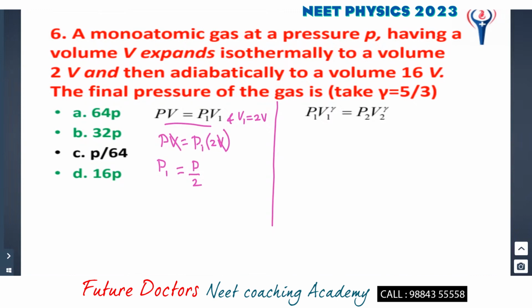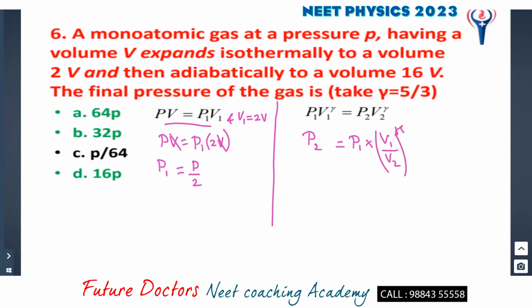Then what do you want to find? You want to find P2, the final pressure. P2 equals, what is the formula? P1 into V1 by V2 or V2 by V1? It's V1 by V2, because V1 is there and V2 goes there. Therefore, V1 by V2 whole power gamma.